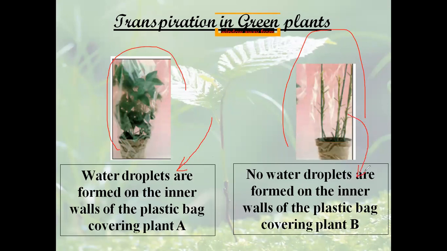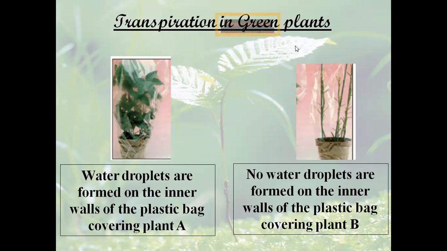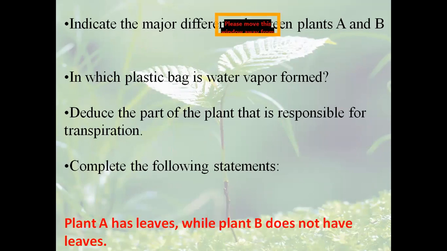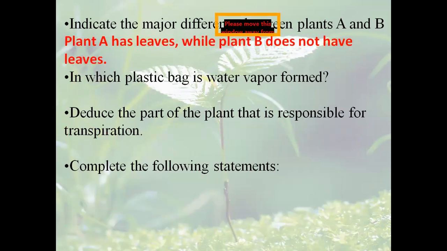So the formation of water droplets is related to the presence of the leaves. Transpiration is the process where the plant loses water in the form of water vapor at the level of the leaves. The major difference between the two plants is that plant A has leaves while plant B doesn't. In which plastic bag is water vapor formed?